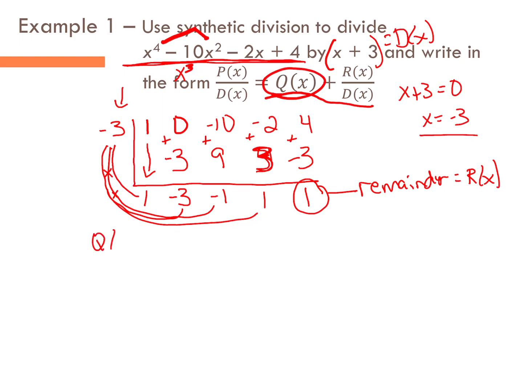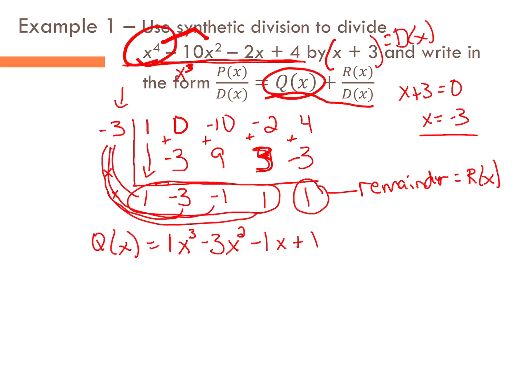To get our q of x, we use the numbers that we just found down here, minus our remainder. You start with a 1, and we have to add an x to it. You have to figure out the exponent. The exponent's 1 less than what we started with. Since I started with x to the 4th, this would be x cubed. Then -3x squared, you just keep going down. -1x, and then +1.